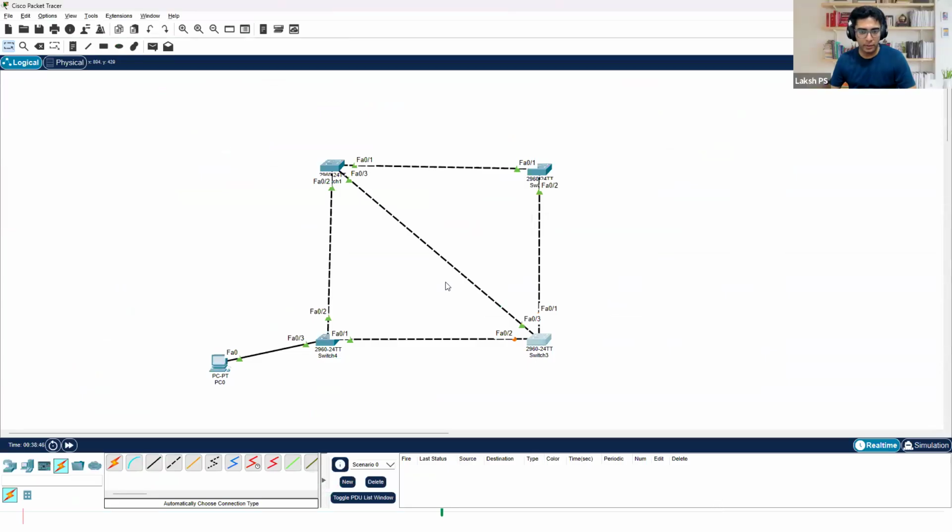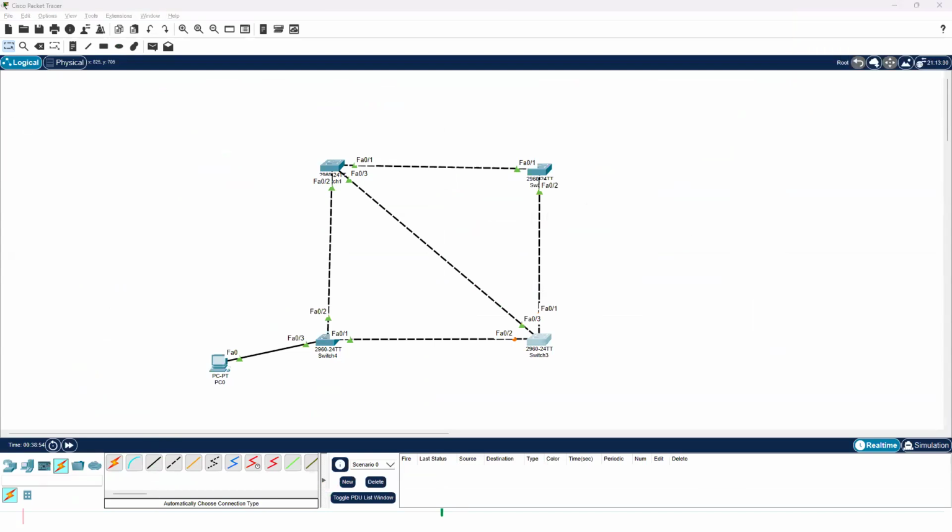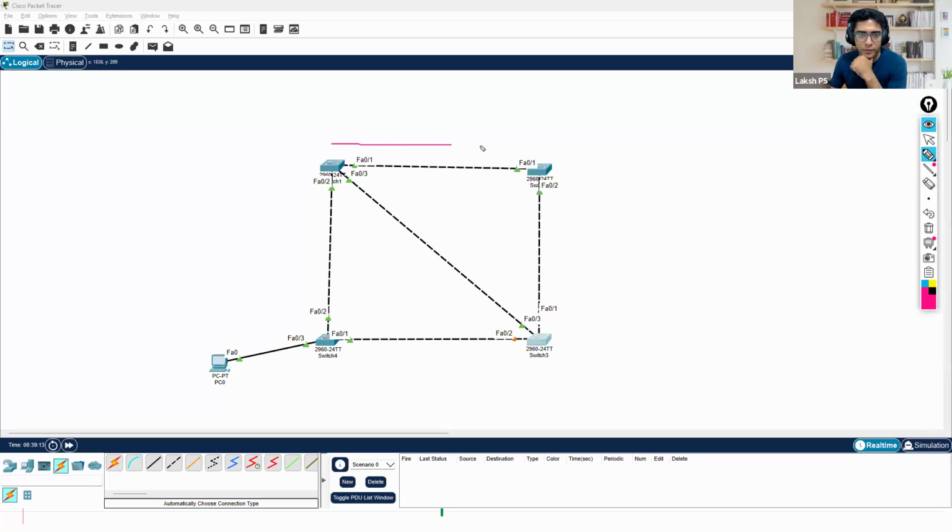So let's go back to our diagram over here. Imagine switch 1 over here. Switch 1 is a root switch. It is forwarding its own BPDU.